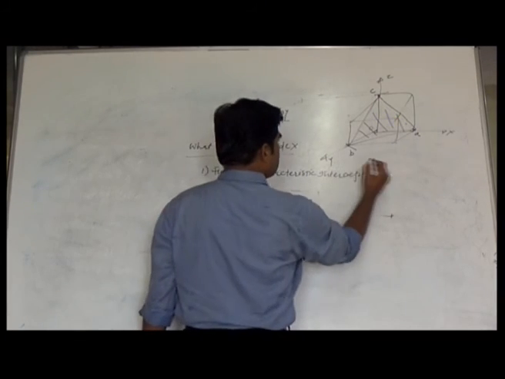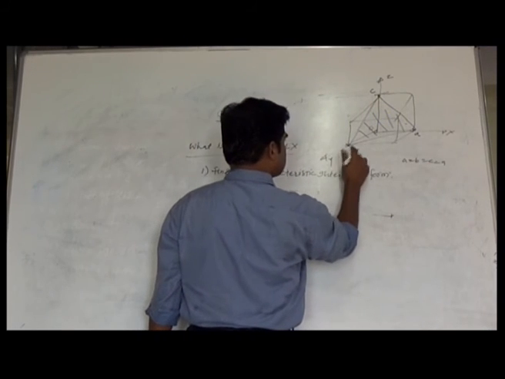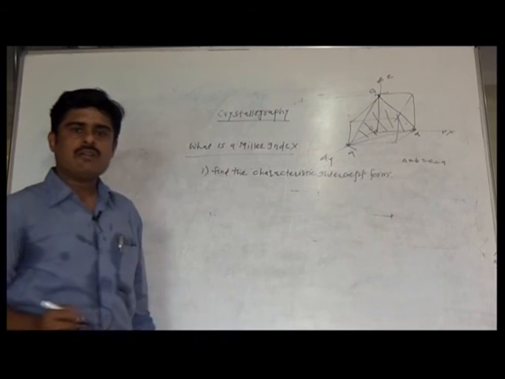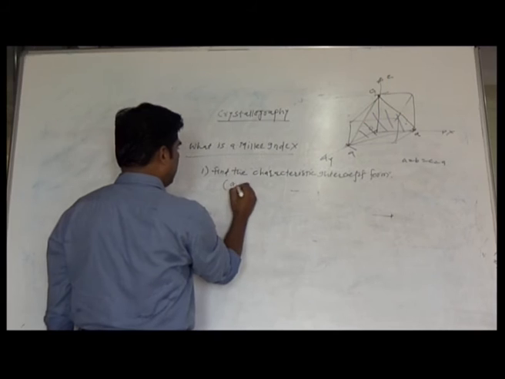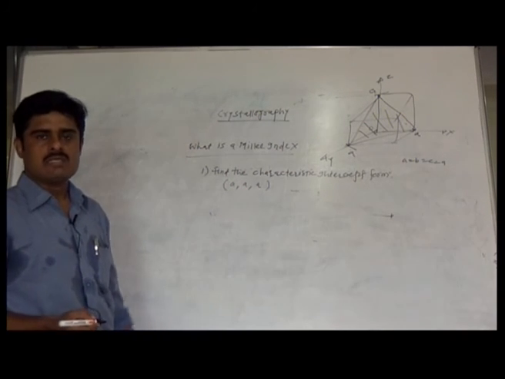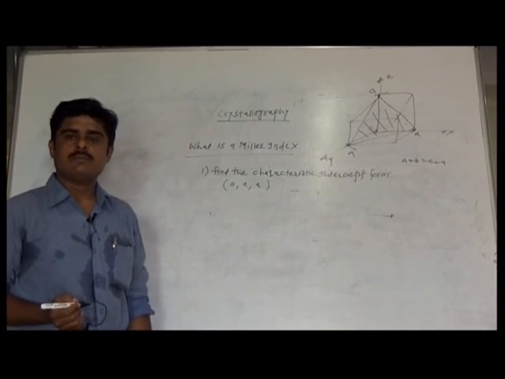So in that sense, A is equal to B is equal to C is equal to A, then every such distance will be equal to A only. Now what will be my characteristic intercept form? My characteristic intercept form will be A, comma A, comma A. You can give a round bracket also, and the commas. Now this is the characteristic intercept form.